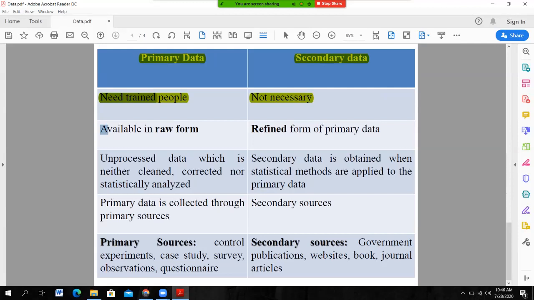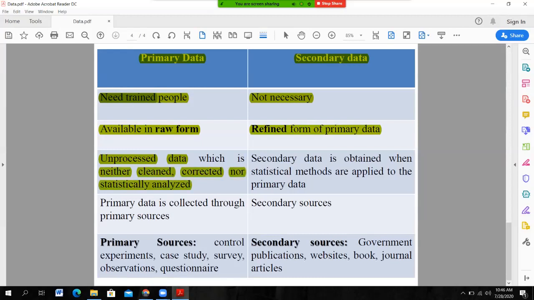Primary data is always available in raw form, while secondary data is the refined form of primary data. Raw data means unprocessed data, which is neither cleaned, corrected, nor statistically analyzed.